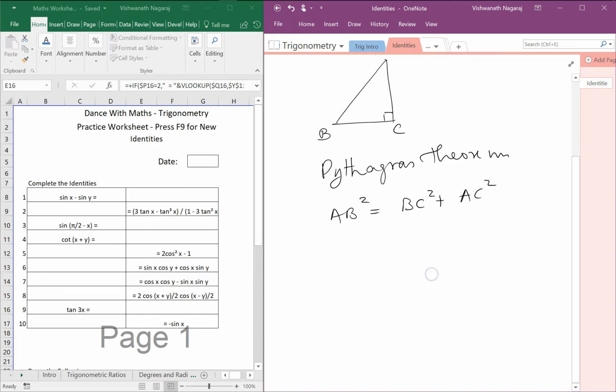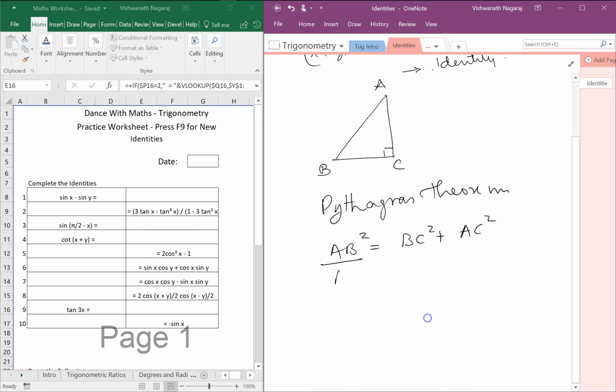Now, what we'll do is we will divide each of these terms by AB square.